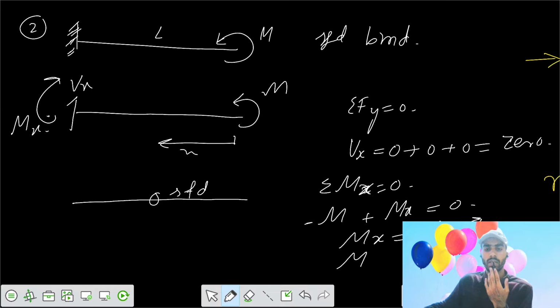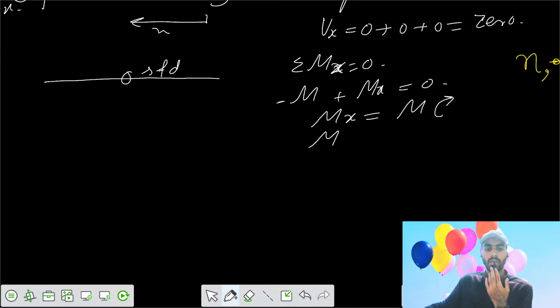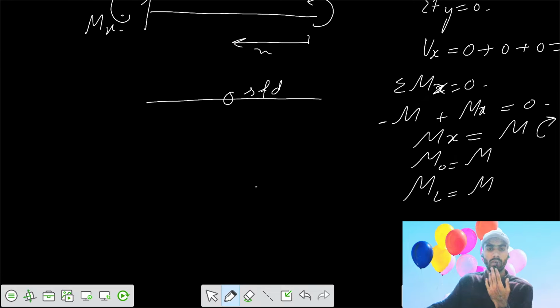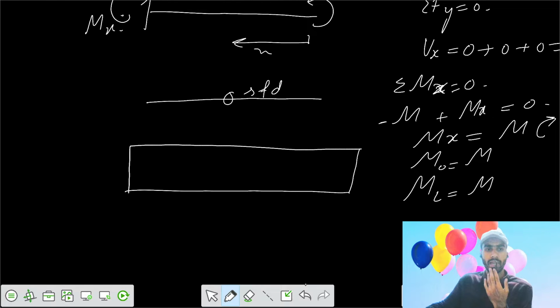So moment at x equals 0 equals M, and moment at x equals L equals M. So your moment diagram would look like a positive moment diagram at every section of x. So the bending moment diagram is a positive value of M.